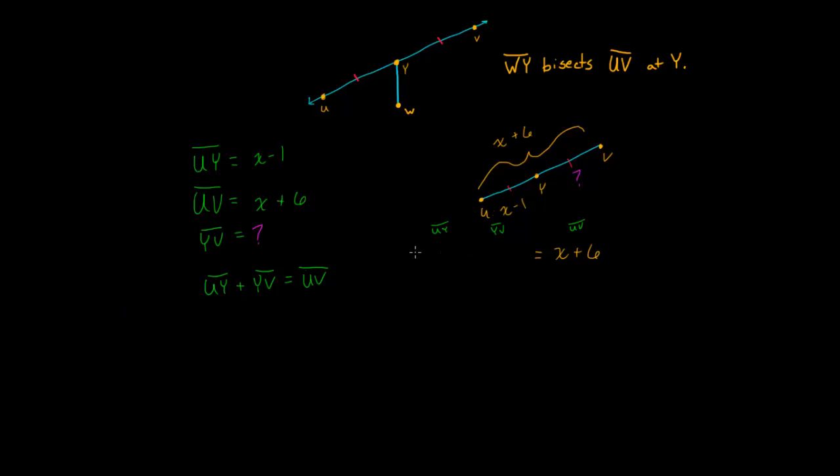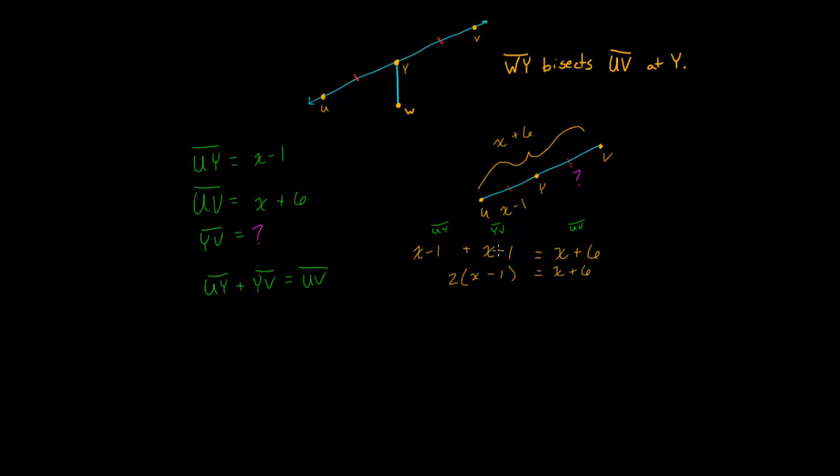UY, we know, is x minus 1. Well, if our UY and our YV are the same thing, YV is also equal to x minus 1. You can write it out like this, or we could simply say 2 times x minus 1 is equal to x plus 6.